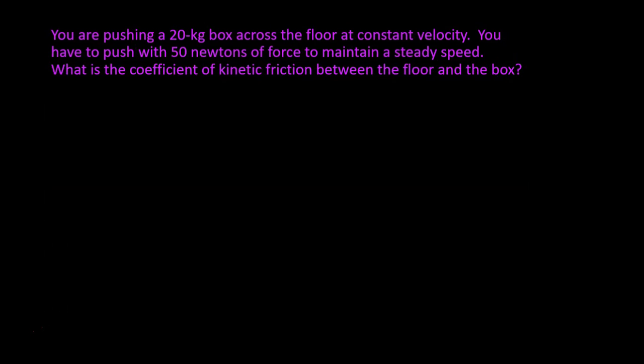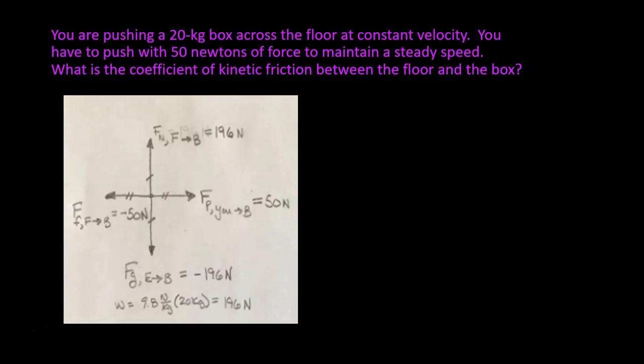Let's take a look at one more problem. You're pushing a 20-kilogram box across the floor at constant velocity. You have to push with 50 newtons of force to maintain a steady speed. What is the coefficient of friction between the floor and the box? So here they've given you the push force, and they're asking you to find the coefficient of kinetic friction. First, we have to do our force diagram. We have our vertical forces. We go ahead and calculate the weight.